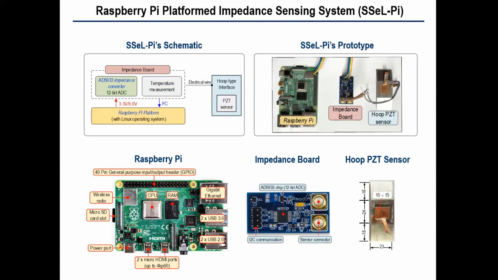The Raspberry Pi works with a power of 5 volts and uses the I2C, inter-integrated circuit, protocol to communicate with the AD5933. By exciting a voltage at the predetermined frequency to the PZT sensor, the system can receive an impedance response at a frequency band. Below is the prototype.